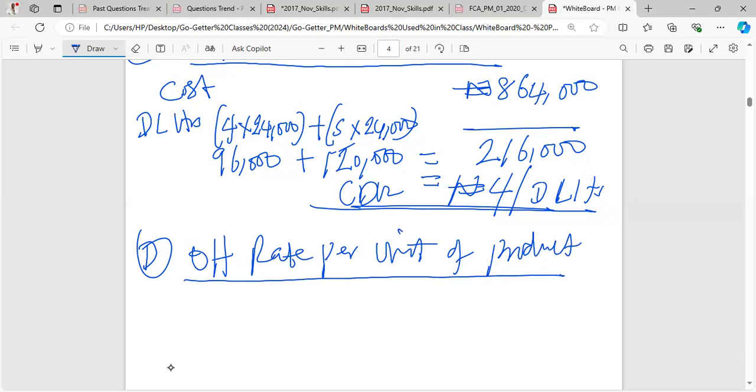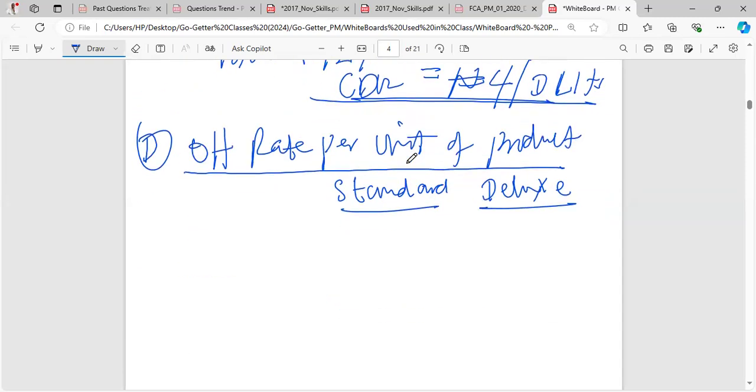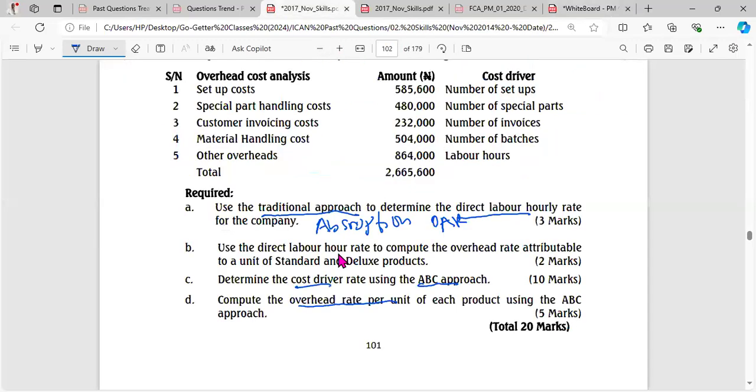Then this is my standard, and the other one is deluxe. Okay, so we'll start now with each one of them.